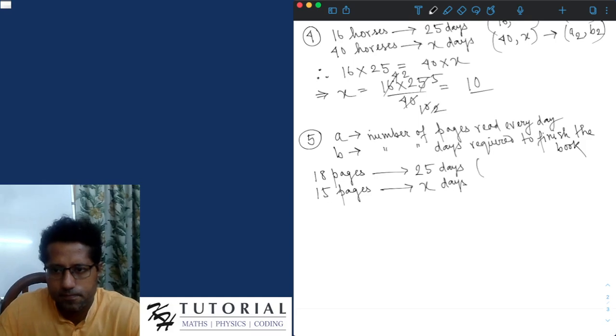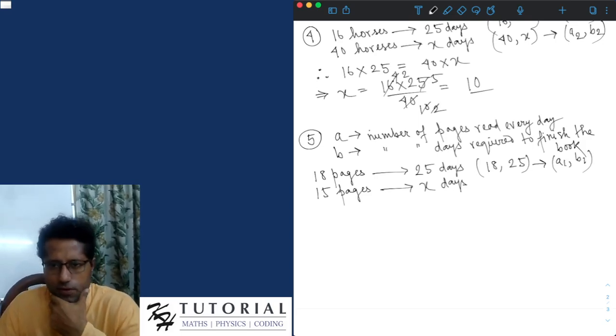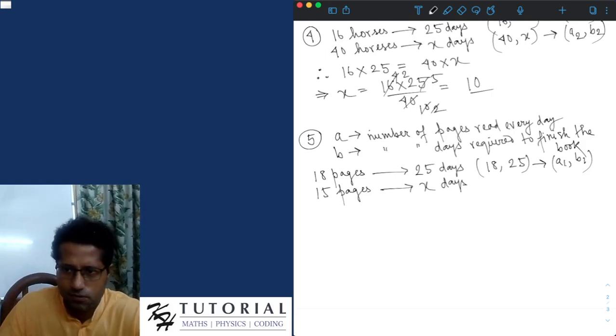So over here 18, 25 are the values of A1, B1, where A is the quantity, number of pages read every day, and B is the quantity, number of days required to finish the book.